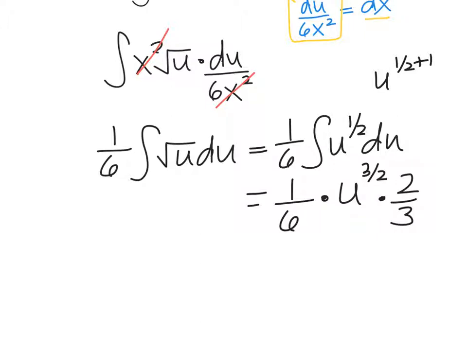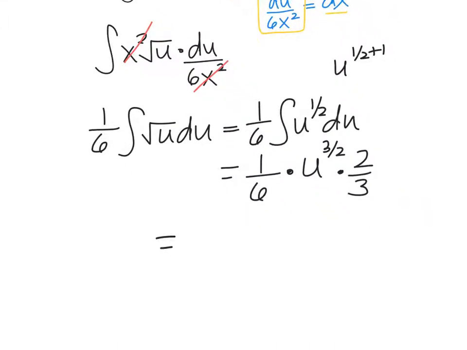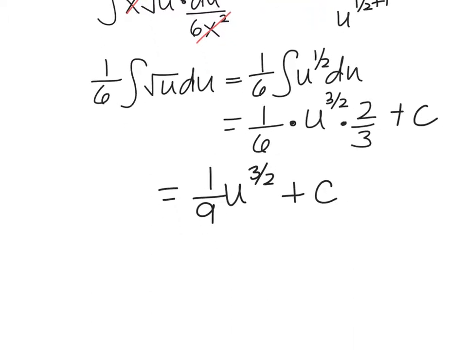Are you okay with that? You don't want fractions over fractions. Anytime you have to divide by a fraction, just flip it and multiply it. So we get 1/9 u to the 3/2. What did I forget? Plus C. I'll tell you a secret, I always forget plus C.